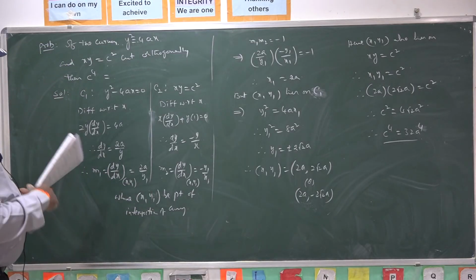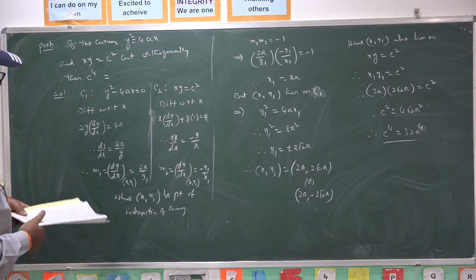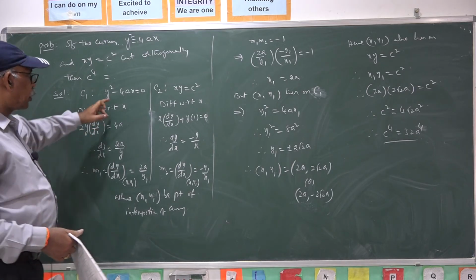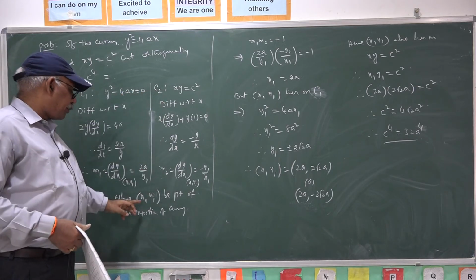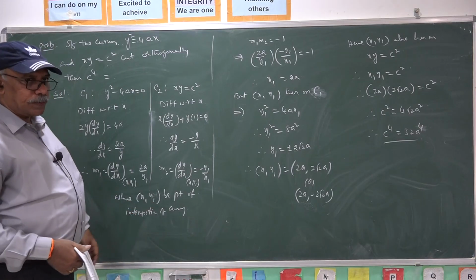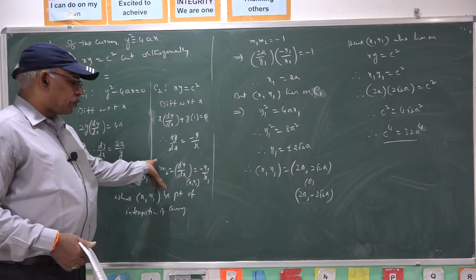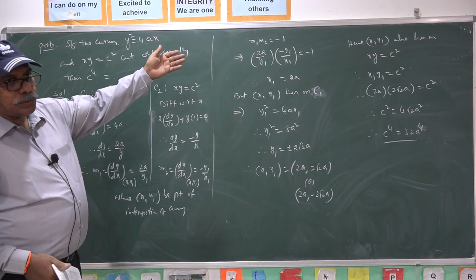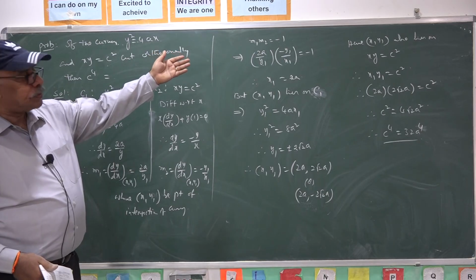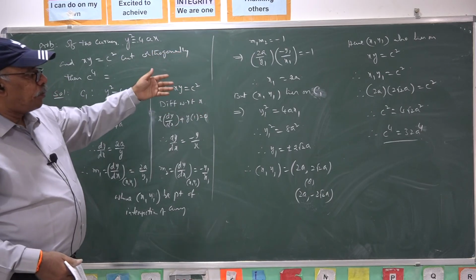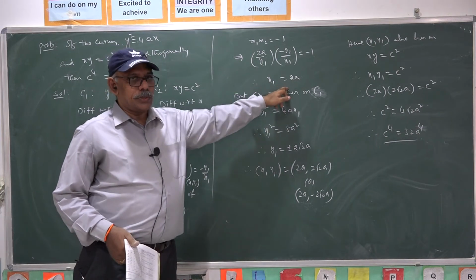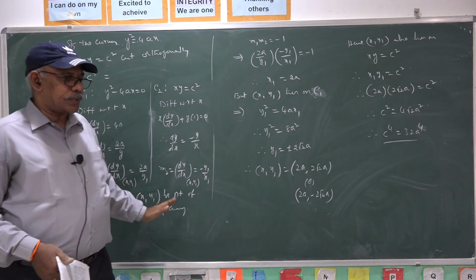So this is one important problem. Rather than solving these two curves, I am assuming the intersection point as x1 y1 and finding the slopes. Because the curves are orthogonal, I am taking the product of the slopes as minus 1. Based on that, we get x1 is 2a, the x coordinate of the point of intersection.